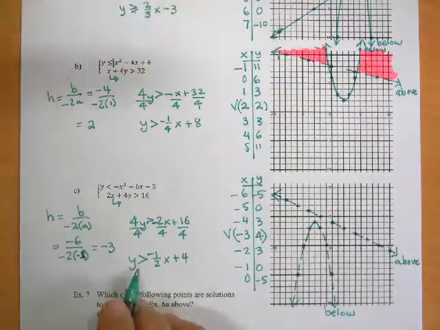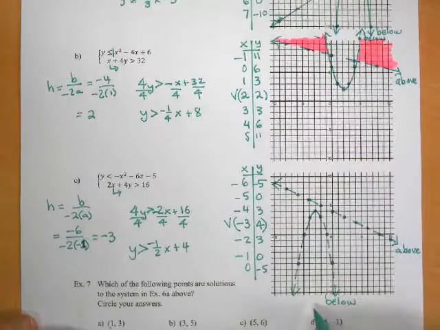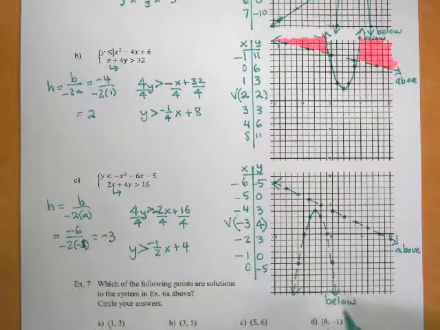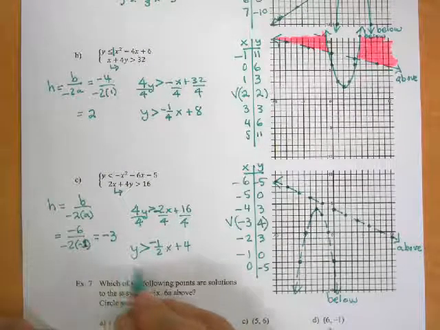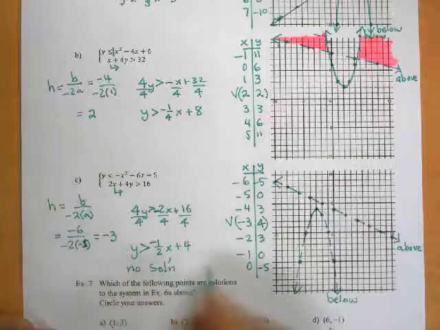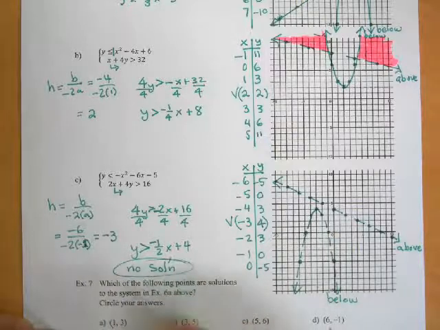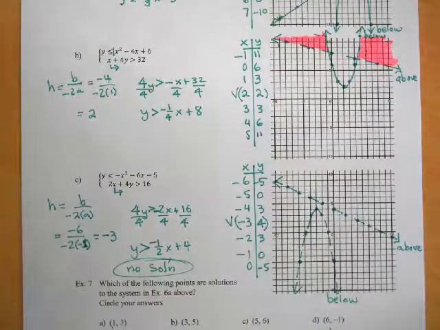Greater than, you want to be above the border. Well, to be above that line and below the parabola at the same time is impossible. So there's no solution to this equation. And as a consequence, you'll have no shading. Okay, so you just leave it blank, don't put any highlighter on it.